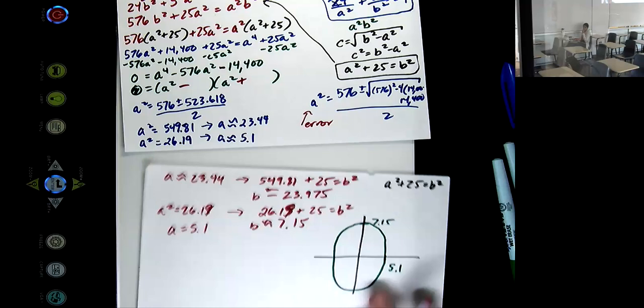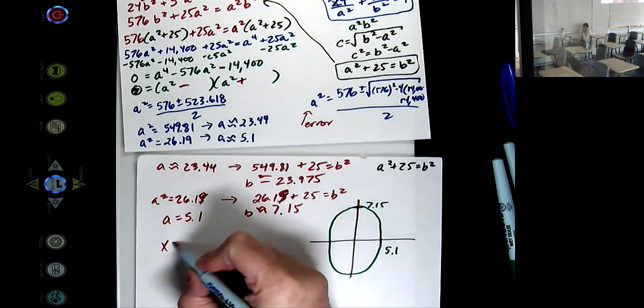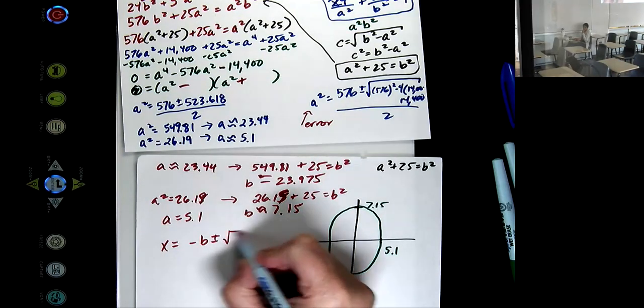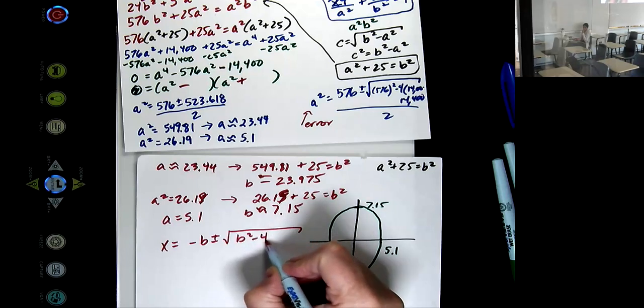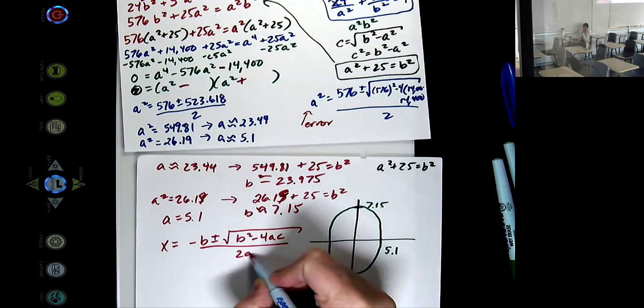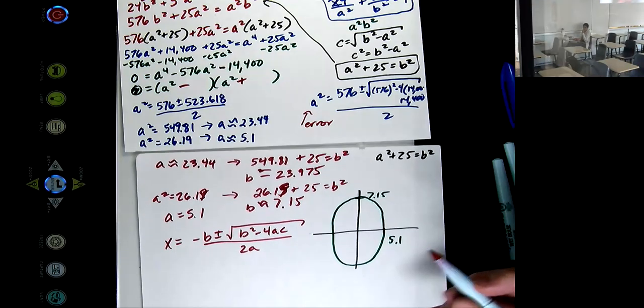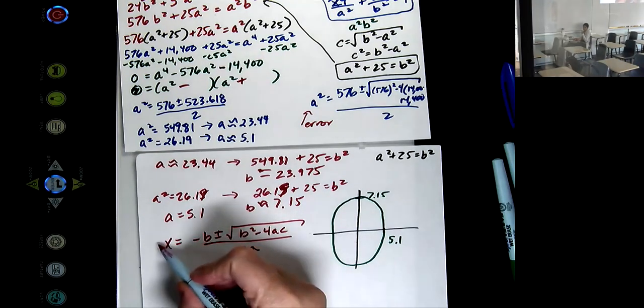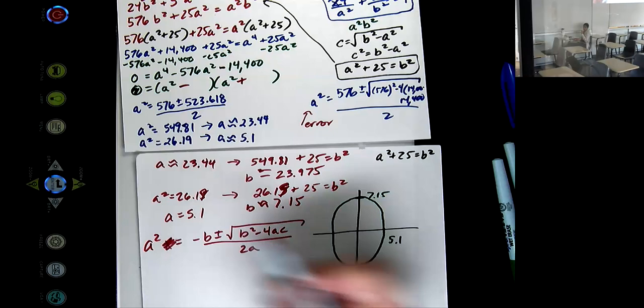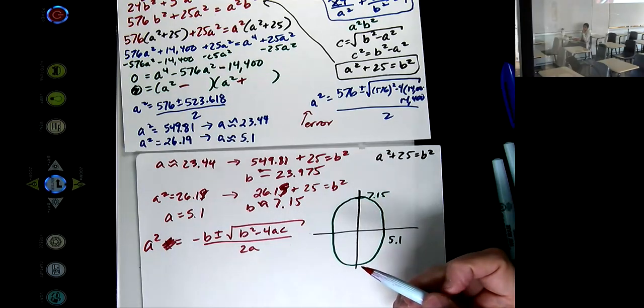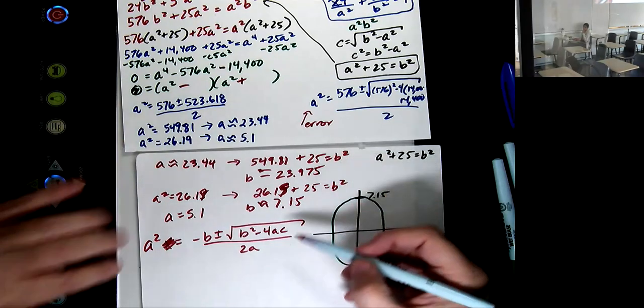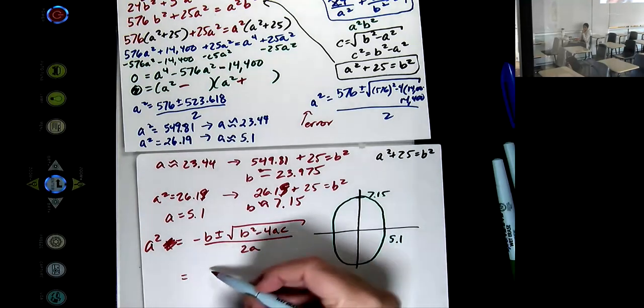What is the error in there? So X is normally negative B plus or minus the square root of B squared minus 4AC all over 2A. But X here is A squared. That's confusing because I'm using A for two different purposes. Negative B is negative. Oh!